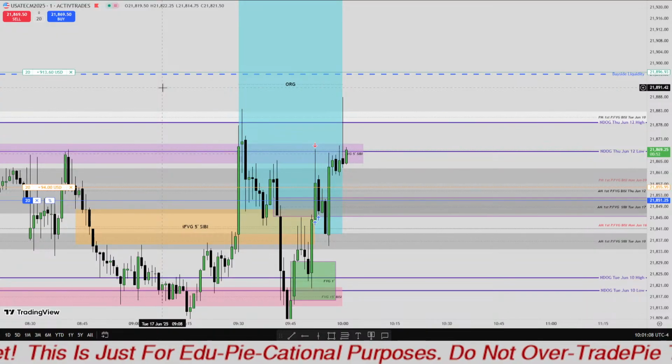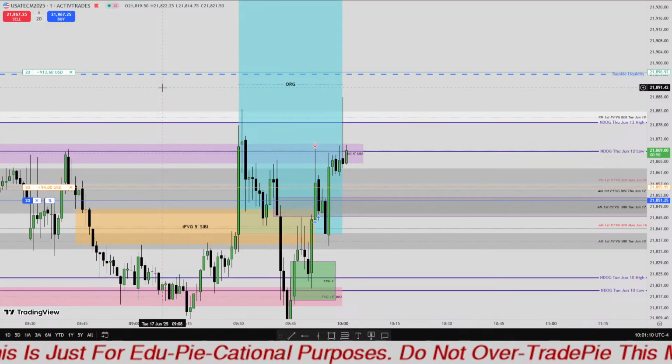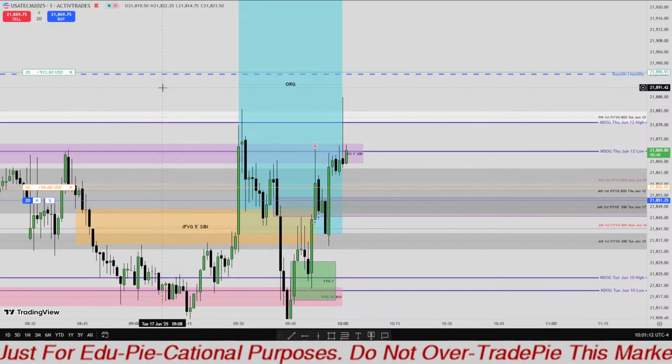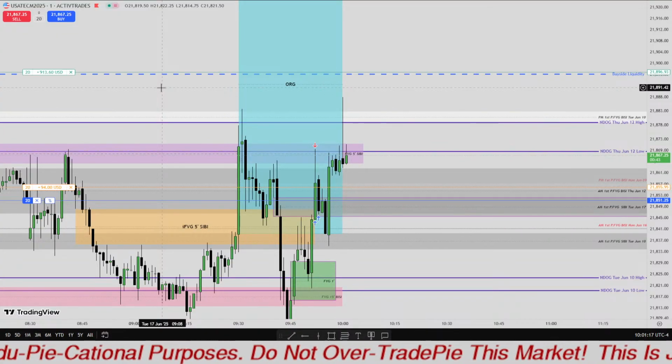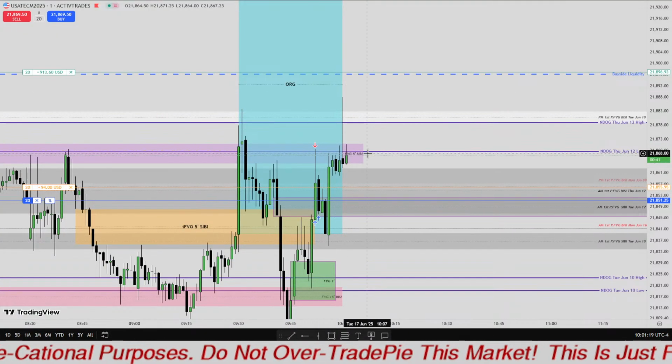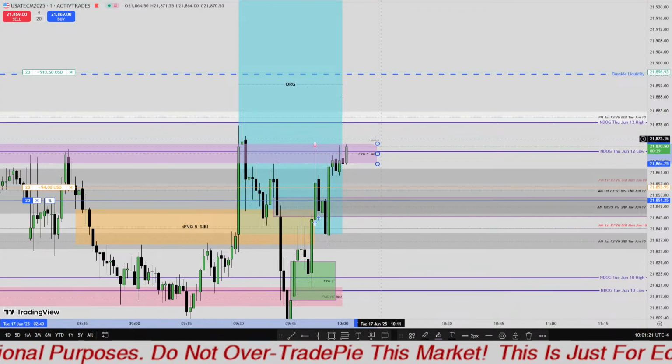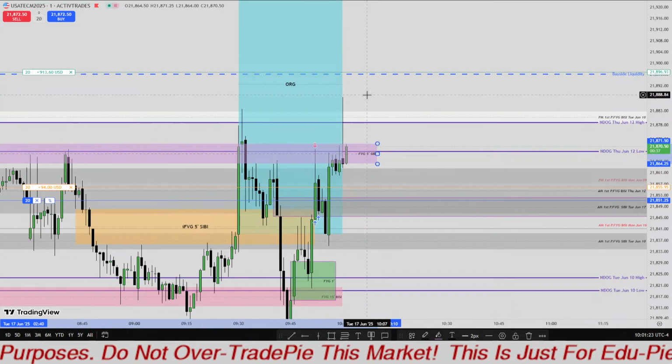To my taste, we were spending a little too much time over here in this 5-minute CB, and you can see the body of the candle at 10 o'clock still respected the upper portion even though the wick traded outside it.